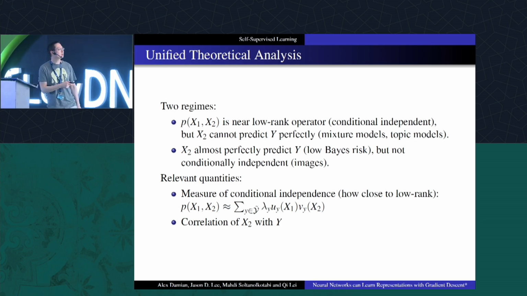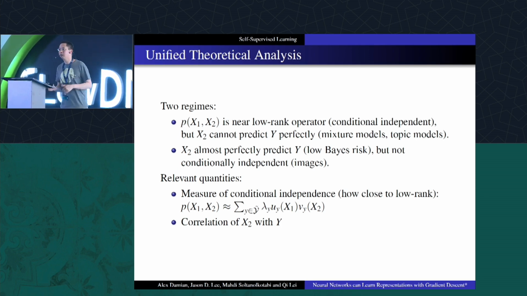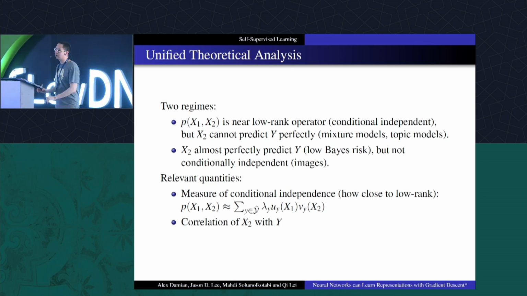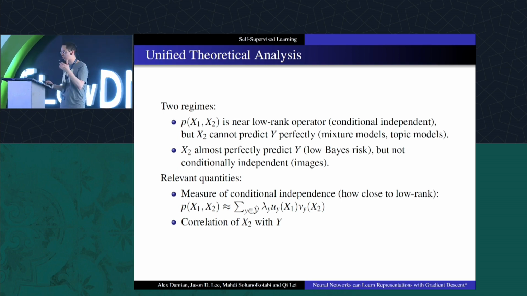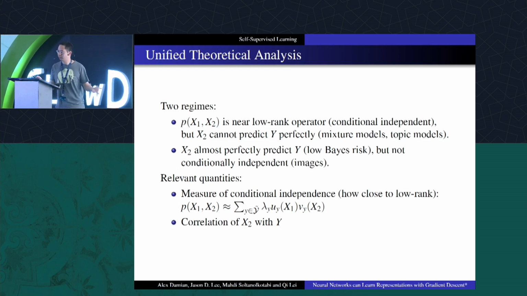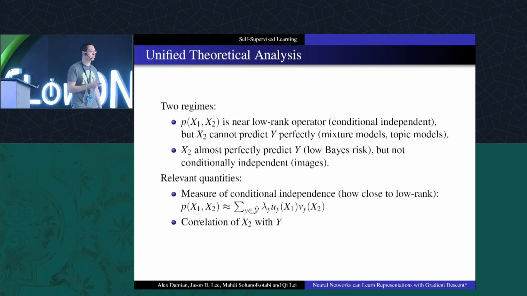The other case, when I look at SimSiam, is when x2 can almost perfectly predict the label, but they're not independent at all. Think of an image where I add some augmentation: the augmented image, although distorted, is still a very good predictor of the label. That's the second setting.